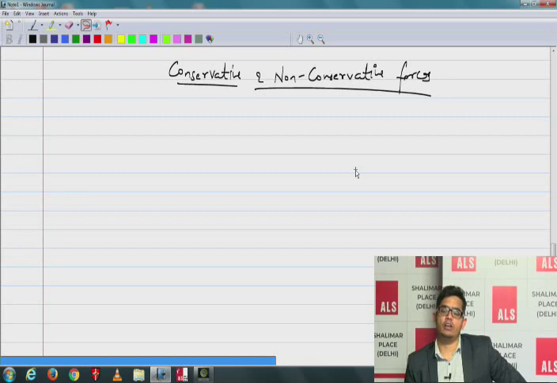On the other hand, non-conservative forces are those forces, for example friction, work done of which depends on the path taken.